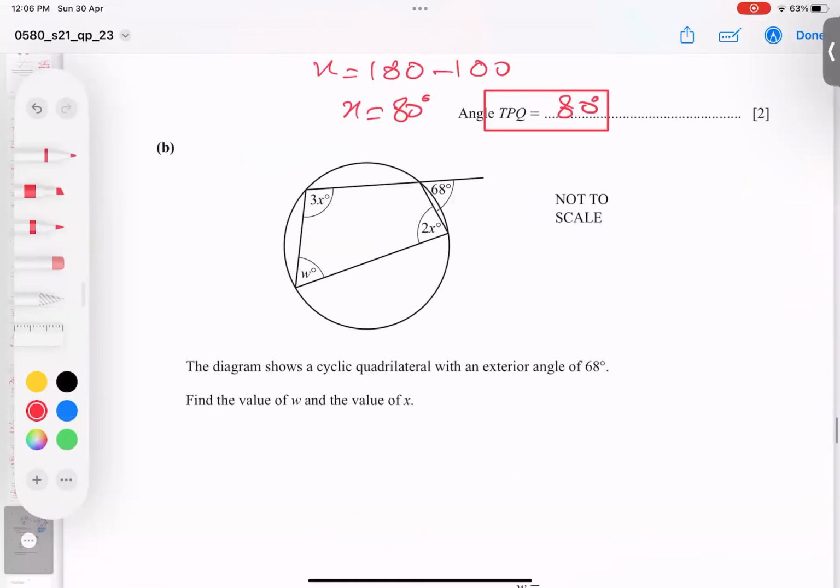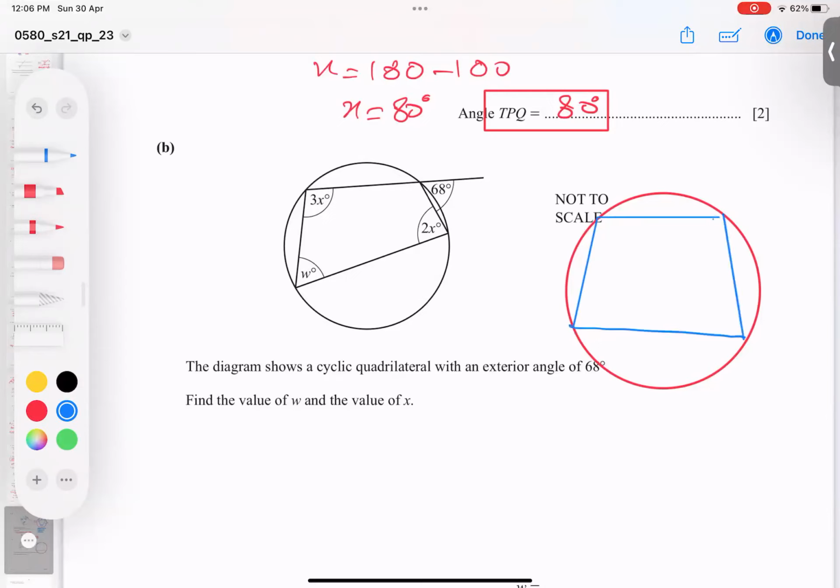Part B. This is another property of circles we must know: one side, second side, third side, and fourth side. This opposite angle is always supplementary, and this opposite angle is always supplementary. It means it's a cyclic quadrilateral, and this plus this equals 180, this plus this 180.